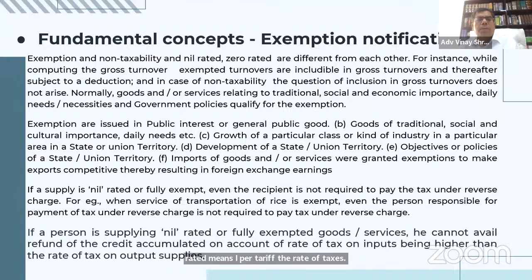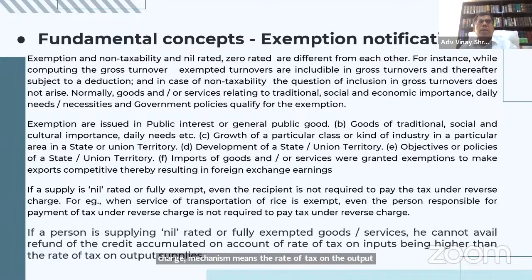Now, another question which I want to ask is that we all know that refund of accumulated credit is admissible to an entity which is under the inverted duty structure. That means the rate of tax on the output is less than the rate of input tax.